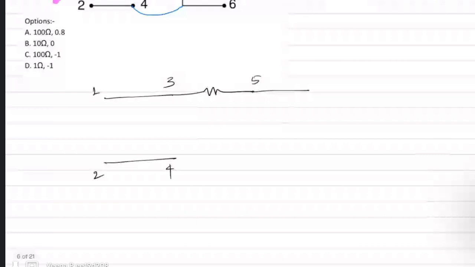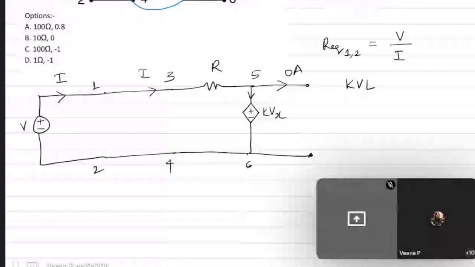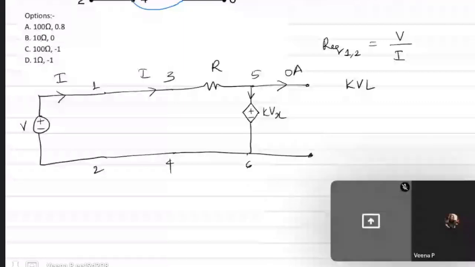Now this is R. So if you apply Kirchhoff's voltage law in this loop, I can write V is equal to IR plus KVx.